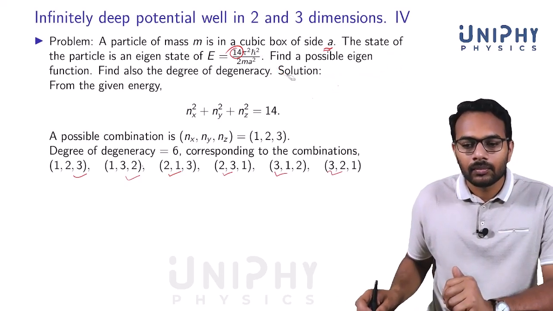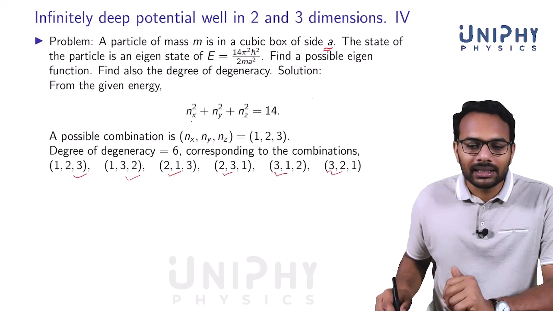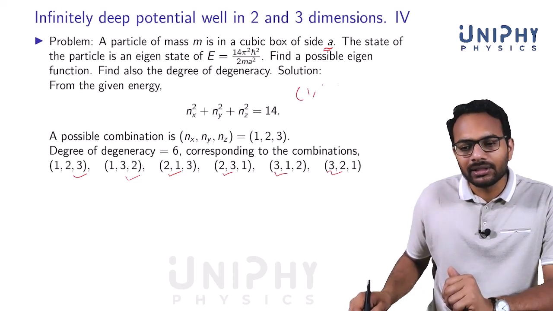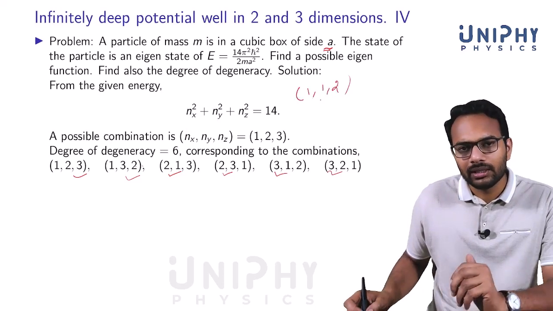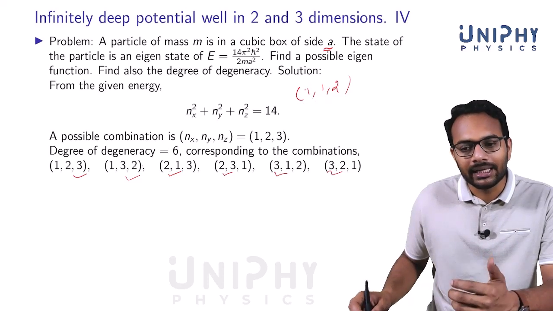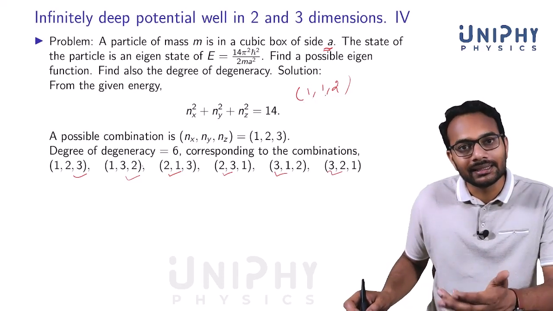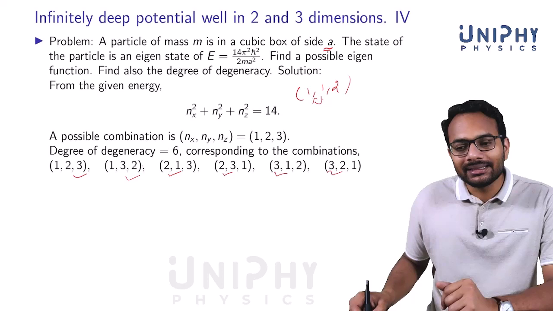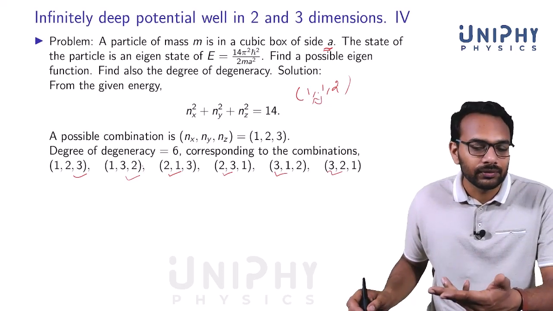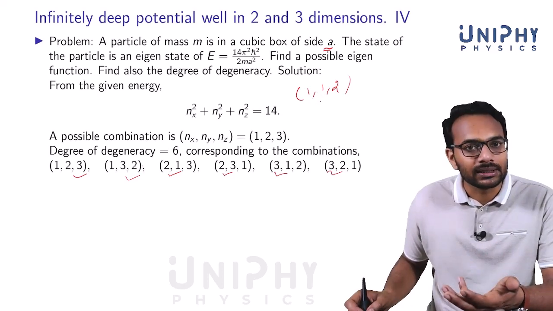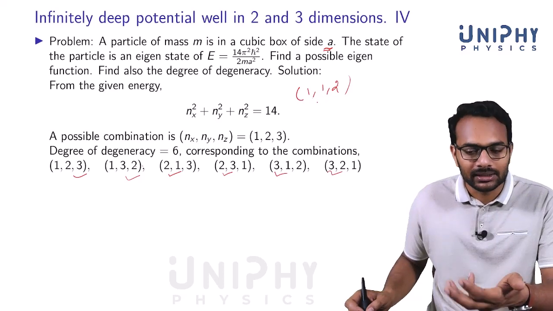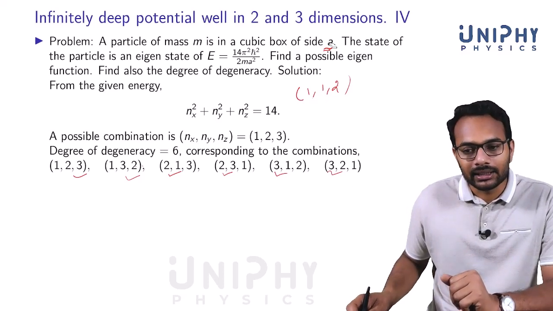Now, if any two numbers are the same, for example, you are looking at a combination for 1, 1 and 2, not this case, some other case where nx is 1, ny is 1 and nz is equal to 2, then the interchange of them does not give a different wave function. So you shouldn't count them. That's how you count the degenerate wave functions.